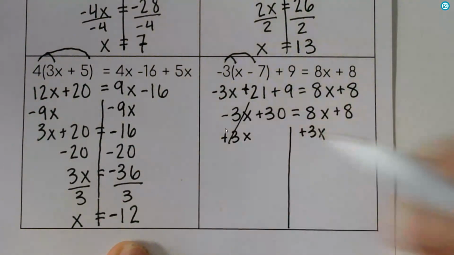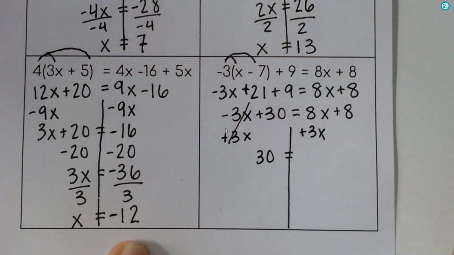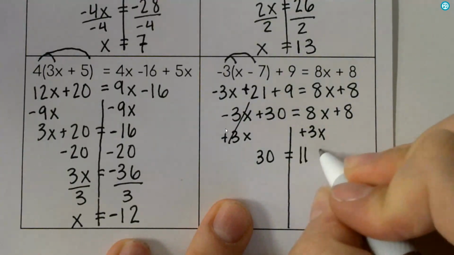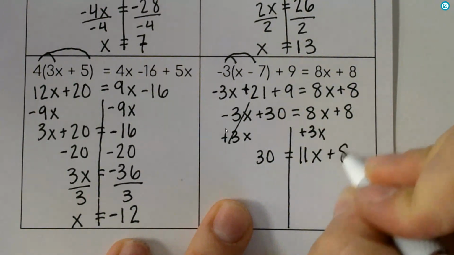Then on the left side, those cancel, and I still have 30, equals 8x plus 3x is 11x, and I still have my plus 8.